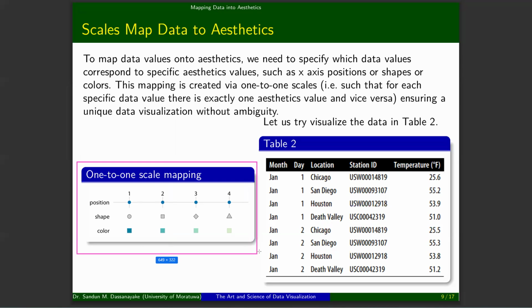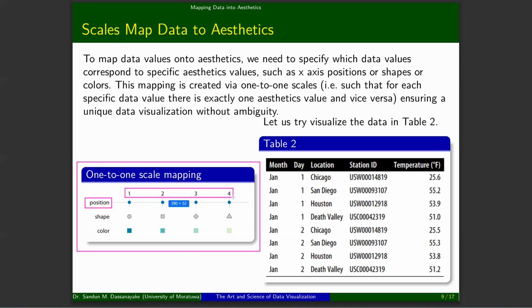If you look at the position as your first aesthetic, right? Position is the aesthetic. And these are the values, 1, 2, 3, 4. We are trying to map them to the position, to the data.